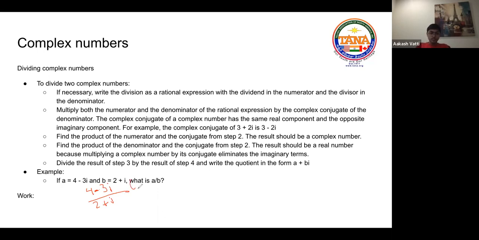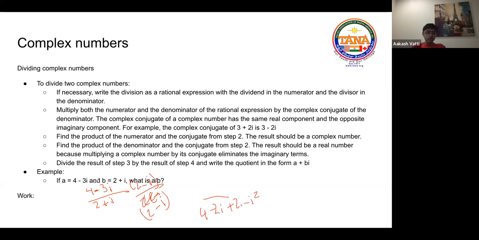So you multiply both of these by 2 minus i over 2 minus i. When you do this on the bottom, you get 2 plus i times 2 minus i, which is equivalent to 4 minus 2i plus 2i minus i squared.